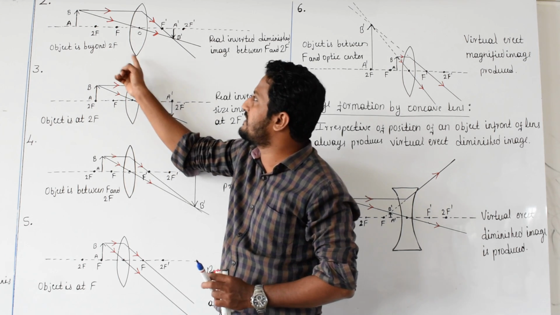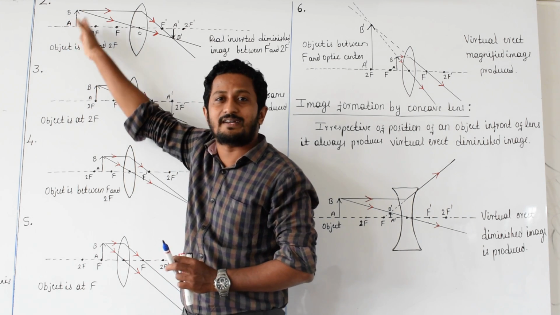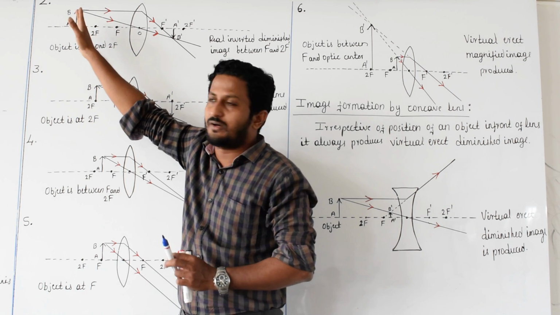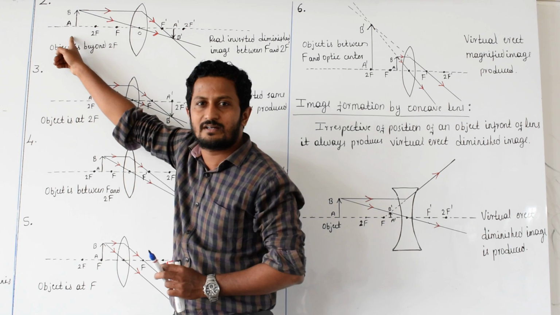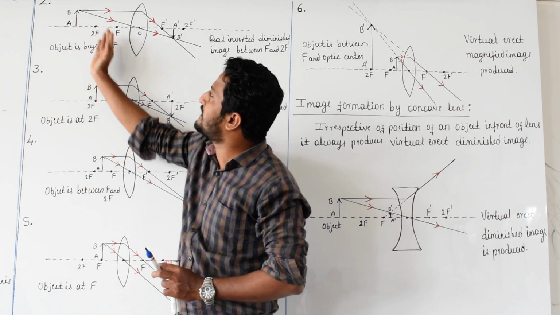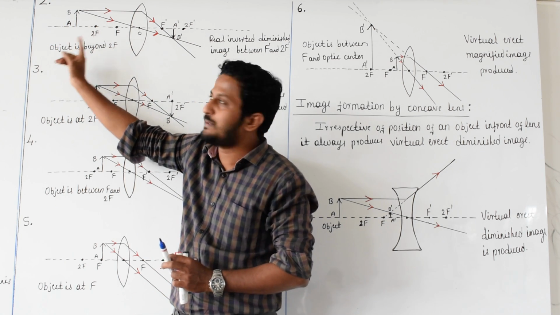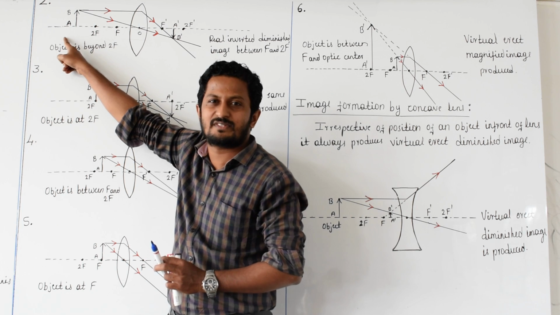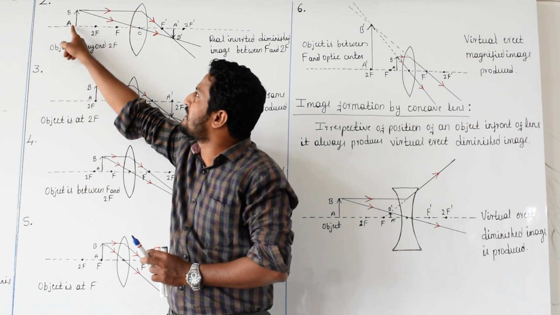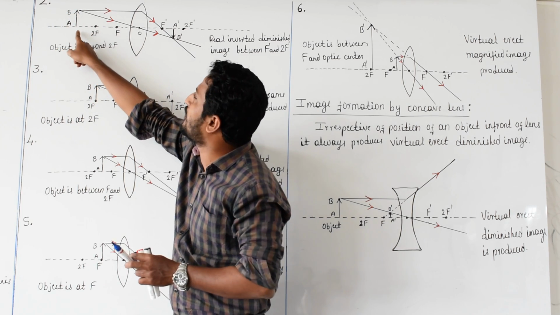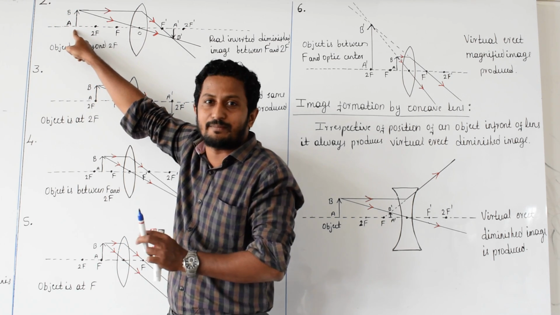Now see, where did we place that object? Here we placed that object beyond 2F, somewhere beyond 2F. Here I have placed the object AB.